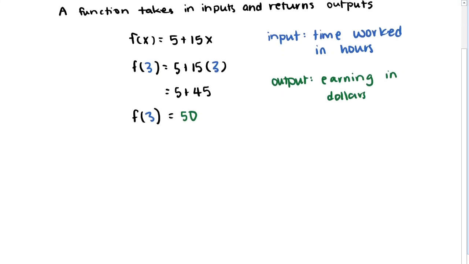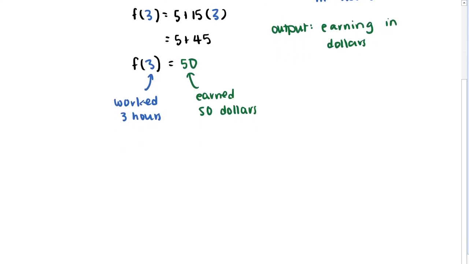And using the meaning behind the input and the output of this function tells us that when this particular person works 3 hours, they earned $50. And so when it comes to inverse functions, an inverse function sort of takes this input-output relationship and reverses it.